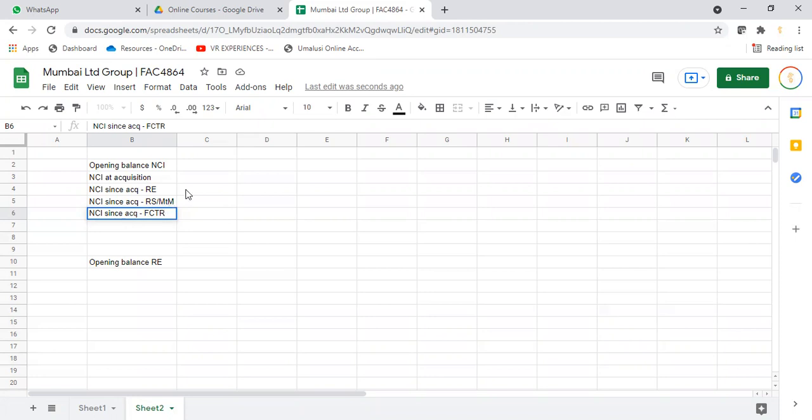If you have 3 subsidiaries, we can have subsidiary 1, subsidiary 2, subsidiary 3. You have a separate calculation for each one, because each subsidiary would have their own balance and their own percentage. This one is straightforward, you'll get it from the goodwill calculation. But for since acquisition retained earnings, we work out 100%, and then we split between parent and NCI.